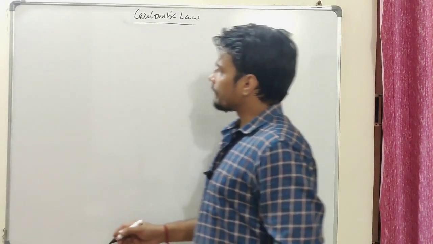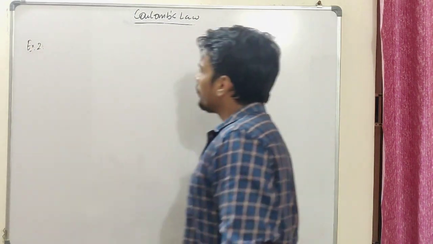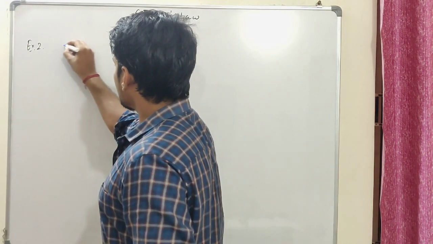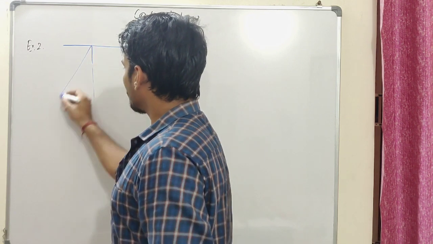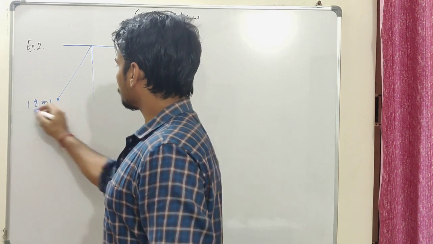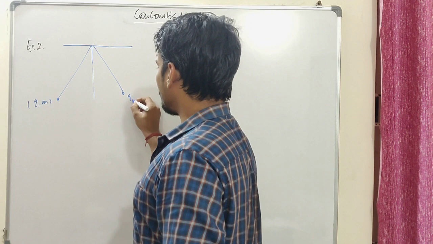Alright then, let's have an example based on the pendulum question. Example 2. Let's say for instance, my question is, in a system like this, I have a charge q and mass m. I have one more charge of same magnitude q and mass m.